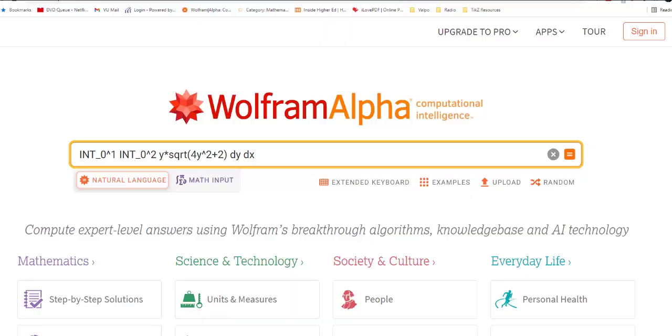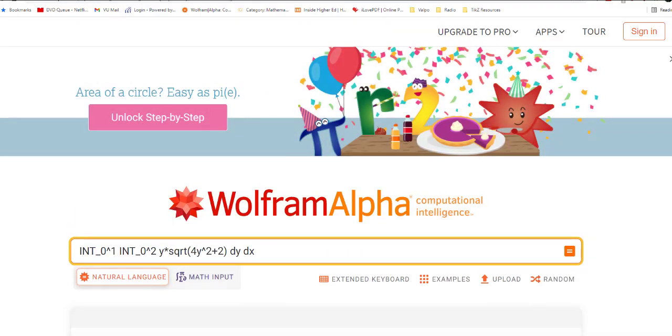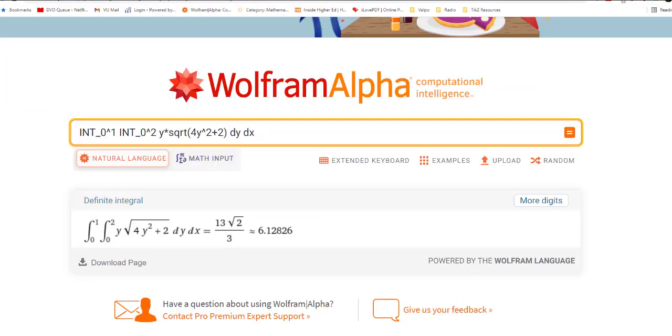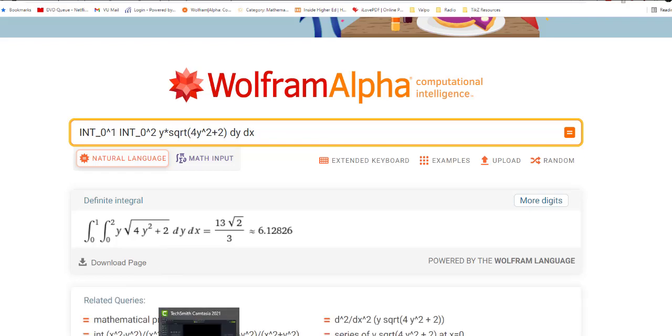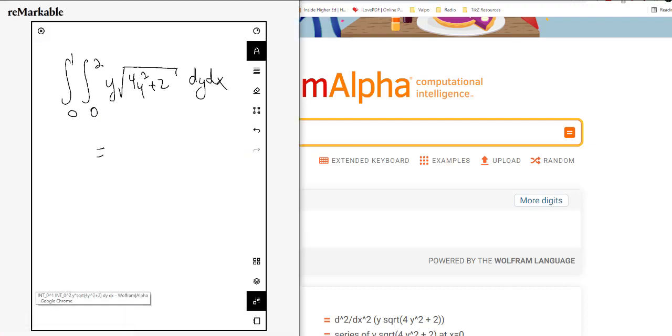So here is that integral in Wolfram Alpha. Let it spin its wheels. The net result, 13 square root of 2 over 3. And that is the value of the surface integral.